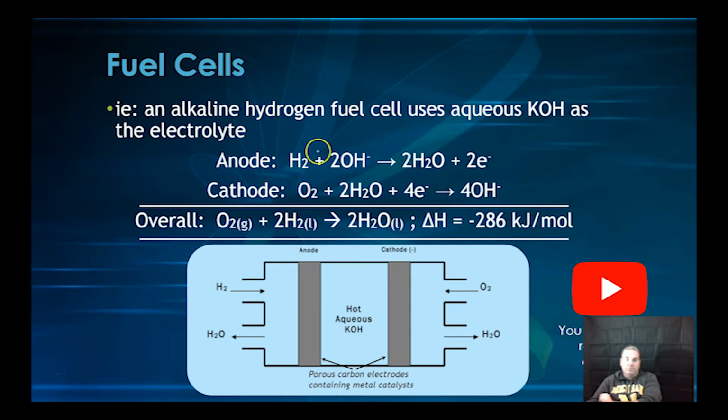Instead of H2 forming 2H+ and 2e-, it now picks up hydroxide ions and forms water with electrons. Those electrons travel through the wire to the cathode, where the oxygen picks them up to form more hydroxide ions. Those hydroxide ions replenish the ones that the hydrogen is using, so this reaction continues as you continue to put hydrogen in. You get water out as your product again. So you can do it under acidic or basic conditions.